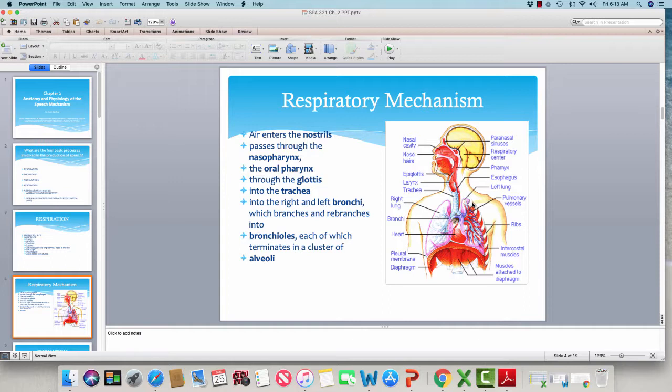It passes through the glottis into the trachea, into the right and left bronchi, which branch and rebranch into bronchioles, each of which terminates in a cluster of alveoli. So these all are working together for us to produce voice, and what happens is that when we breathe in, it gives us the energy we need, when we exhale, to make the vocal folds vibrate and produce vocal sound.